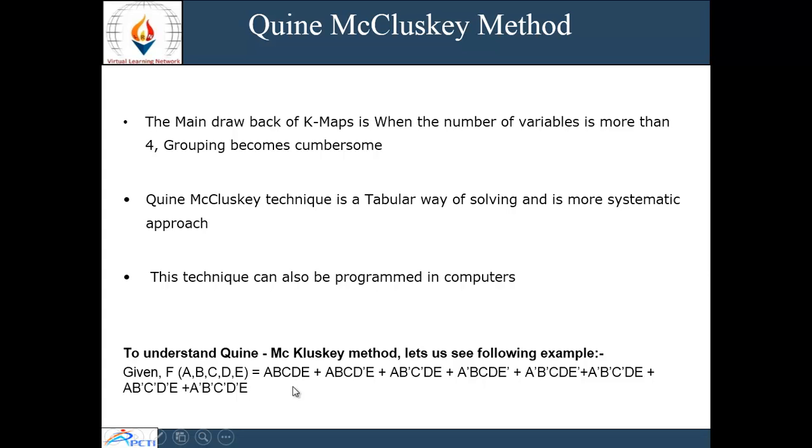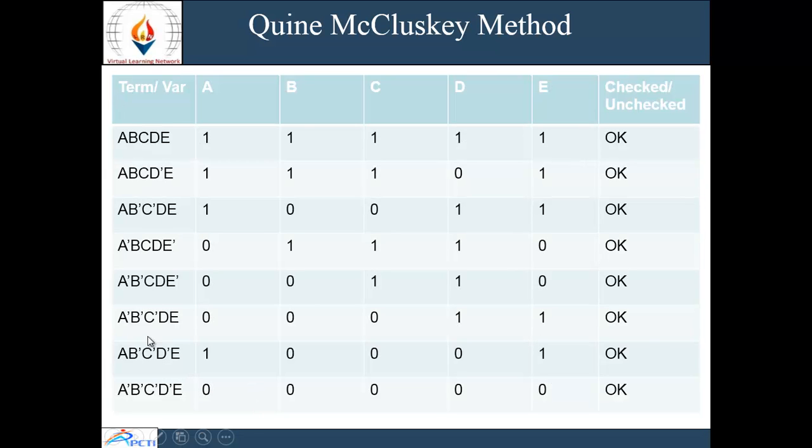In this way you write all the terms in the first column, and the total number of variables used in this equation is 5: A, B, C, D, E. All the variables are written individually here. The positive values, without complement, are allotted the number 1 here, and if any value has a complement, for example D in this one, then in place of D we write 0.